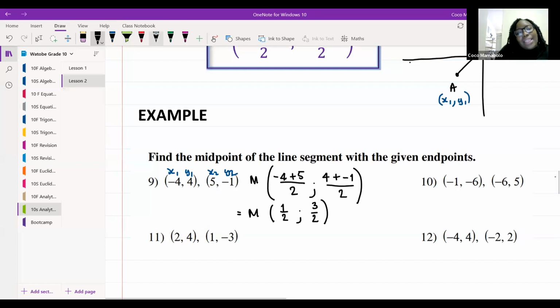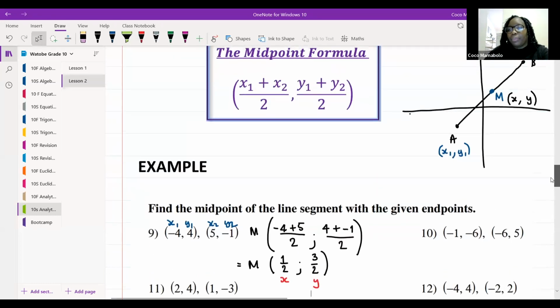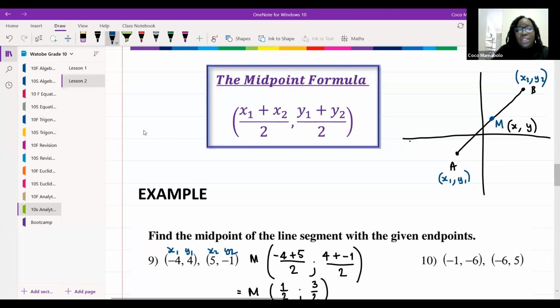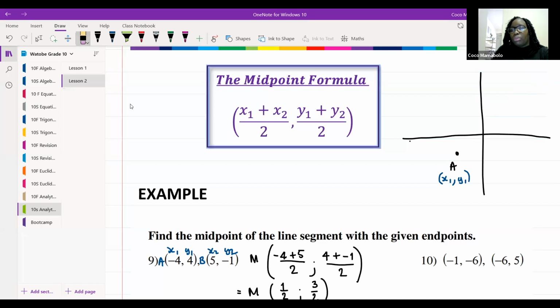So what this has actually given me, guys, is an x value and a y value. All right, let's look at what this looks like on the Cartesian plane. I'm going to name this coordinate A, and this one B. This is point A: A is -4 and 4.